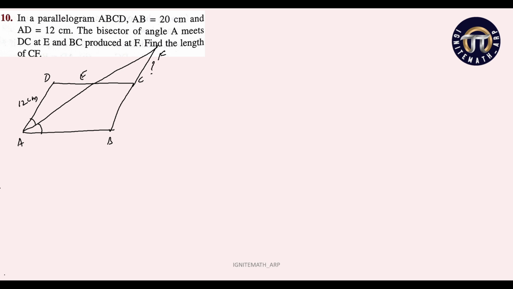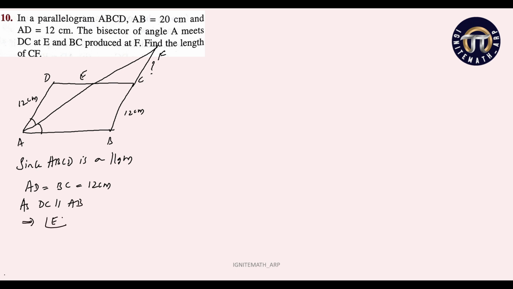Clear, children? So now you know that since ABCD is a parallelogram, I can say that AD is equal to BC is equal to 12 centimeter. So this is also going to be 12 centimeter. Clear, children? So as DC is parallel to AB, I can say angle EAB is equal to AED. Clear, children?